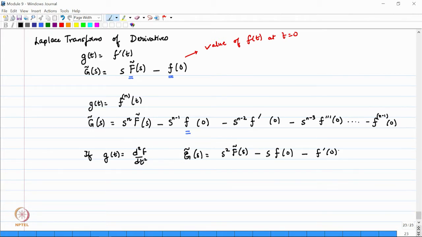Okay. And this is extremely useful, this is what you need to solve ODEs. Now, notice that when you take the second derivative, the value and the derivatives should be known at 0. So, you need to know values and derivatives at t equal to 0.